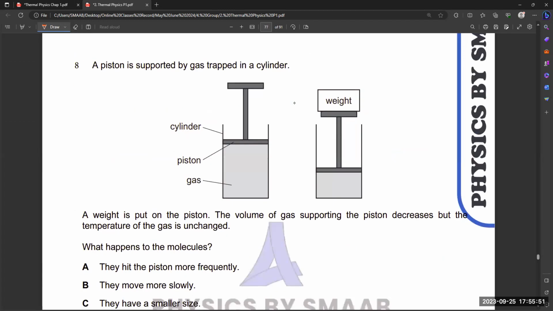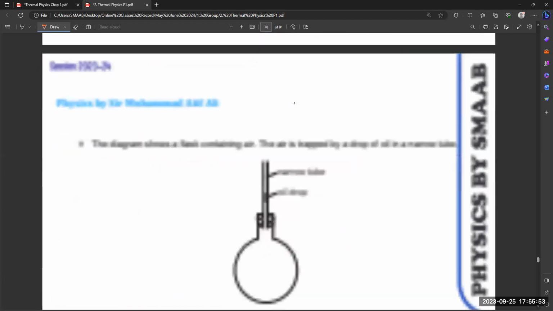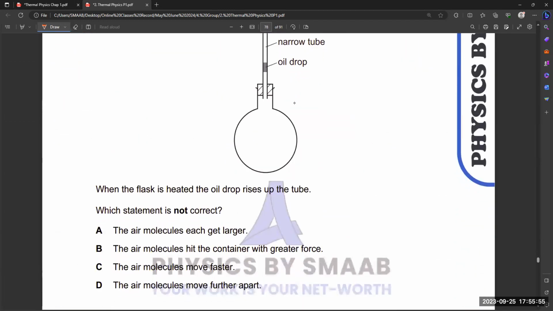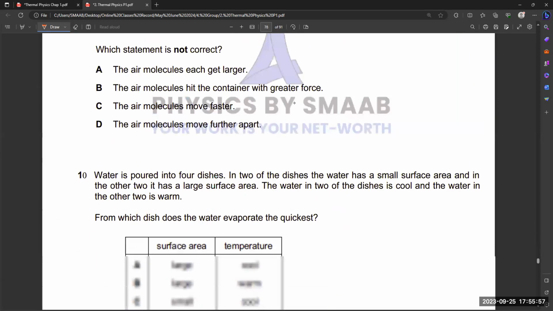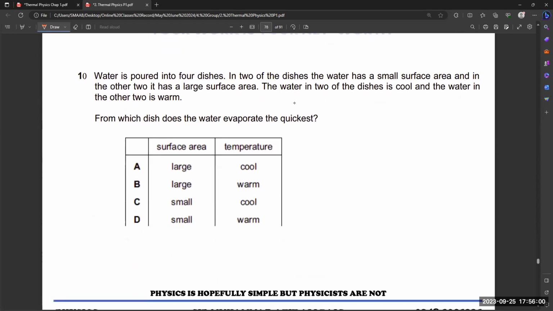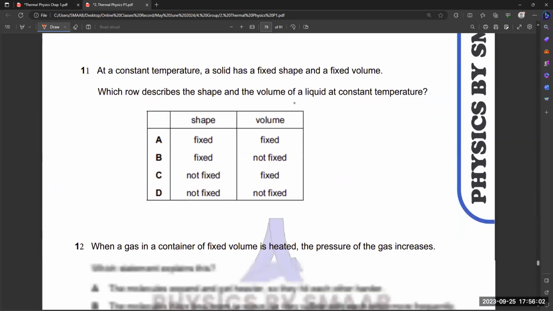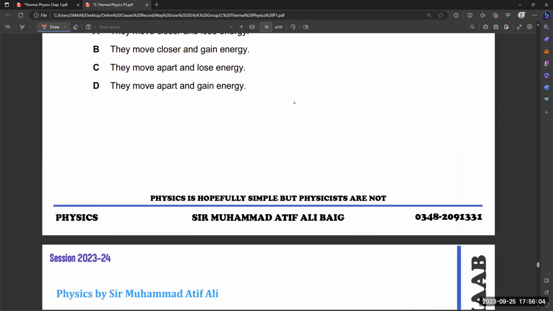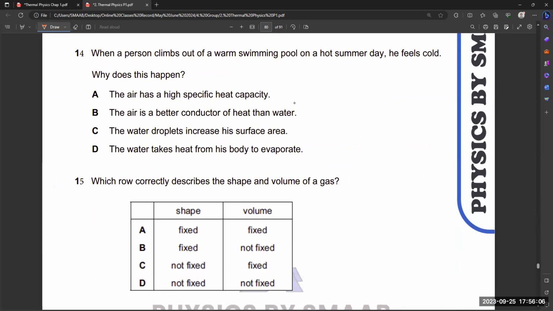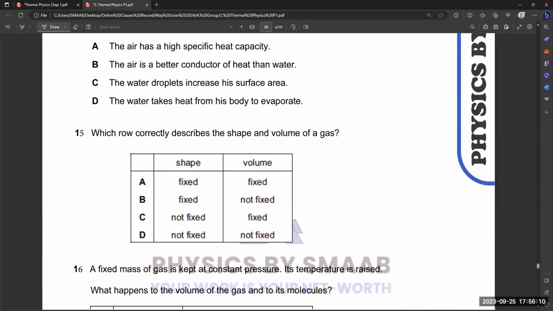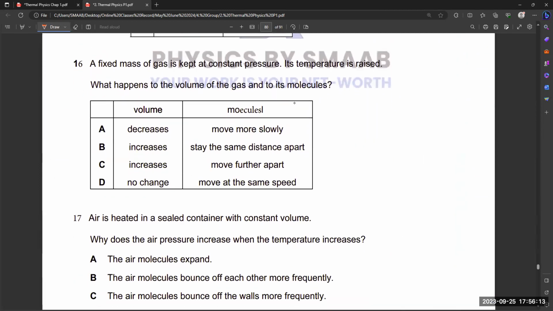So you can see the questions are not very difficult, mostly about the gas molecules being very close to each other or away from each other. Okay, so this is related to heat capacity. We will discuss this concept in the next chapter.